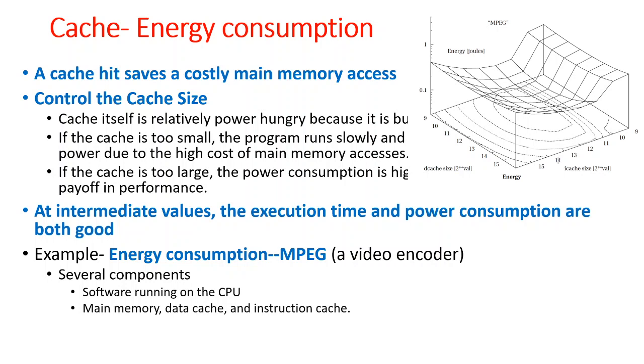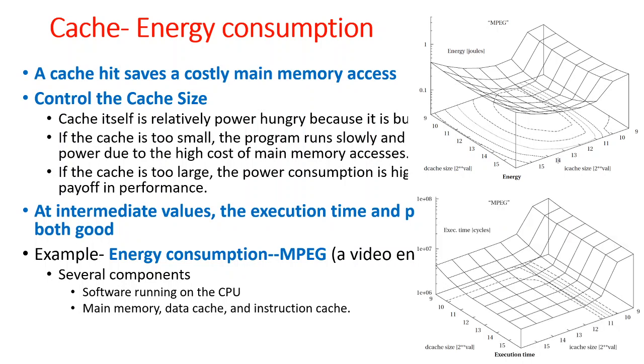When you go to around 12 on both sides, instruction cache size and data cache size, your energy is very low. Similarly, we have measured the execution time, and around 12 the execution time is also very low. With this type of analysis, we can find how much cache size can be allotted for good power consumption and for a balance between the power consumption and the execution time.